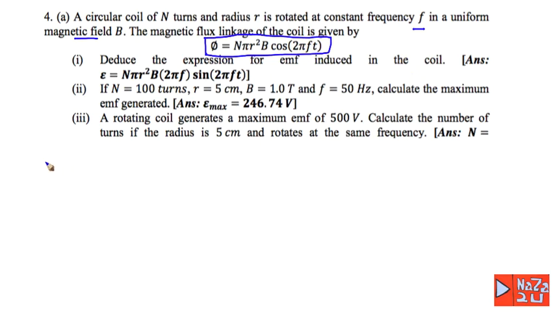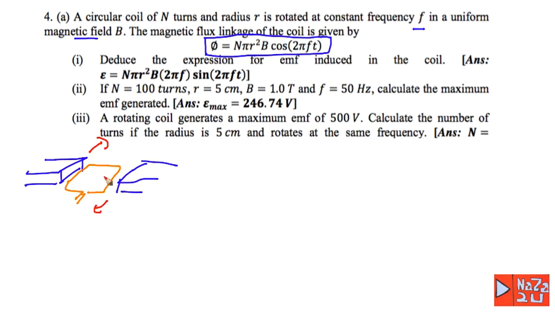So now let's say you have a magnetic bar, and you have a coil between the two magnetic bars here. Say you have the coil, and the coil now rotates, let's say from up and down.